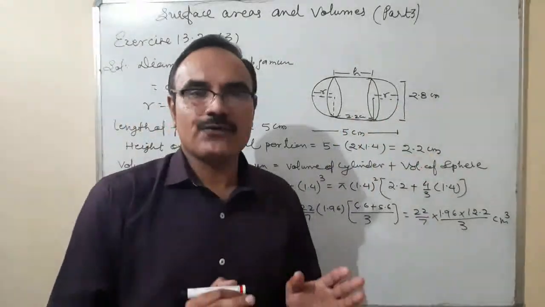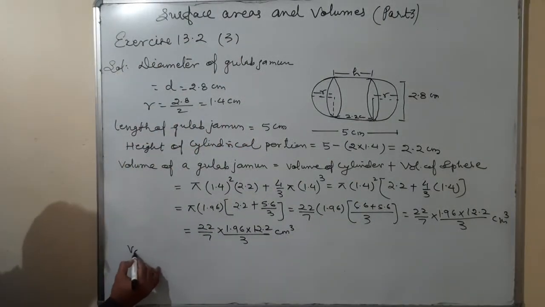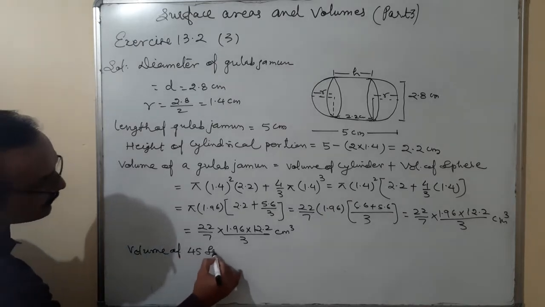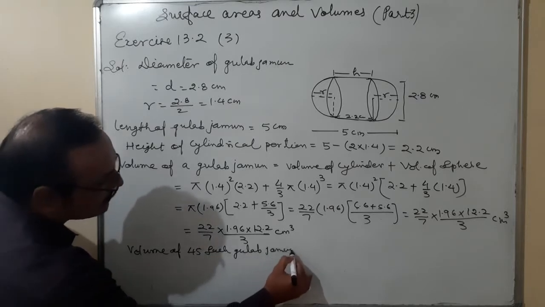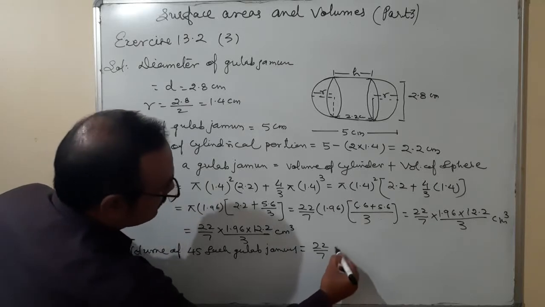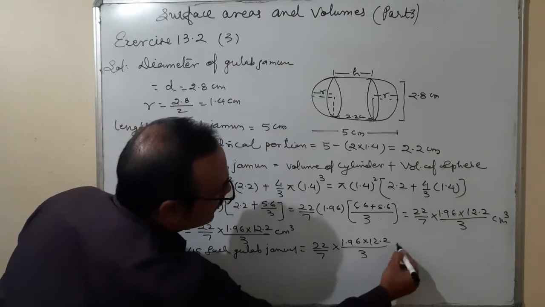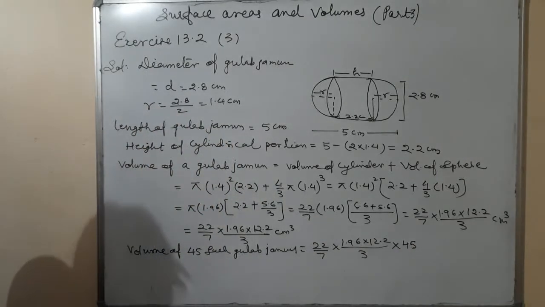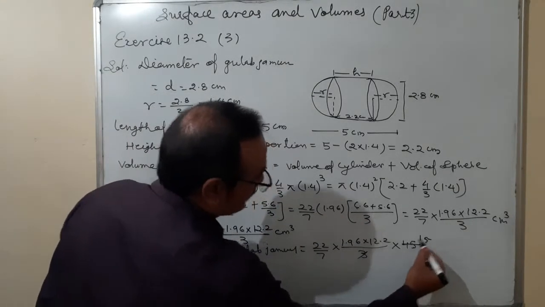There are 45 gulab jamuns. So the volume of 45 such gulab jamuns is 22 upon 7 into 1.96 into 12.2 upon 3 multiplied by 45. Now this 45 is cancelled by 3, giving 15.